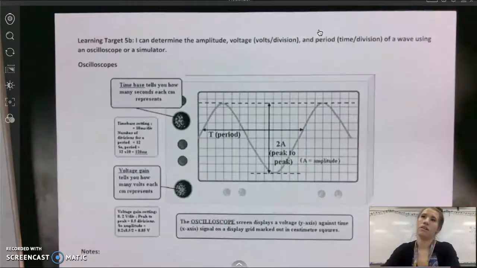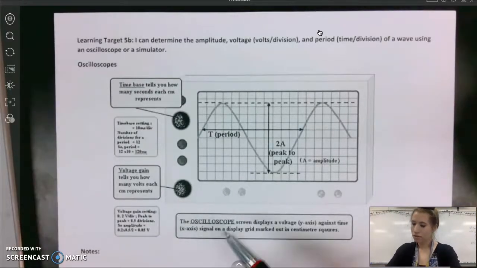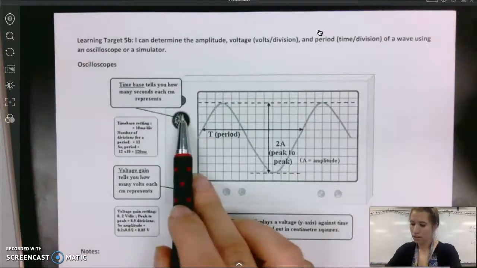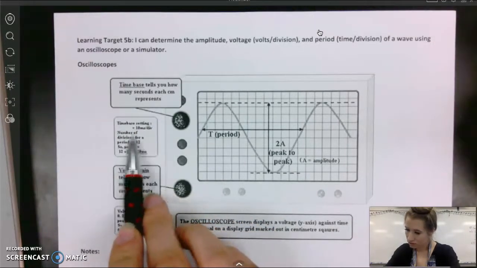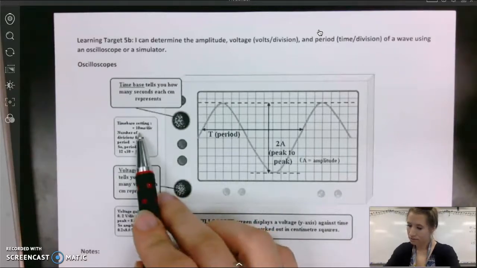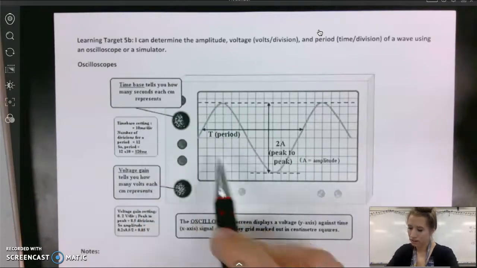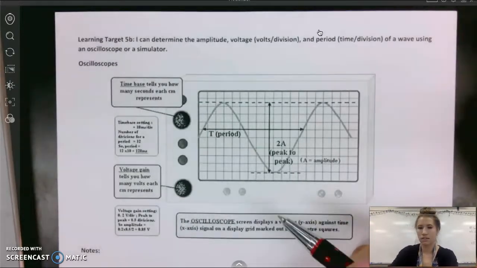Remember that the period is the amount of time between waves. So if I want to know it without knowing what the knob is set at, let's make it as simple as possible.